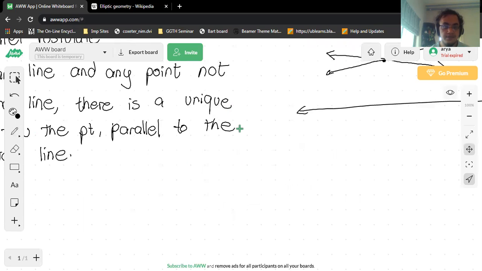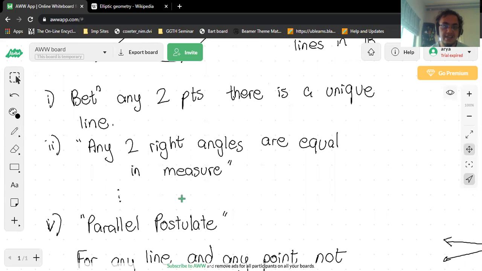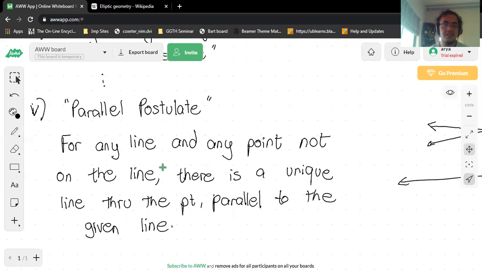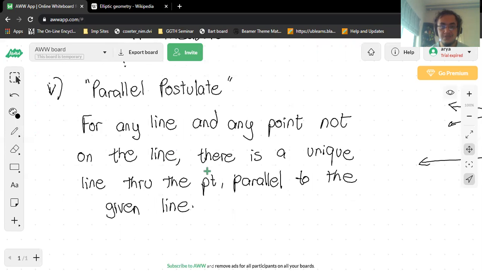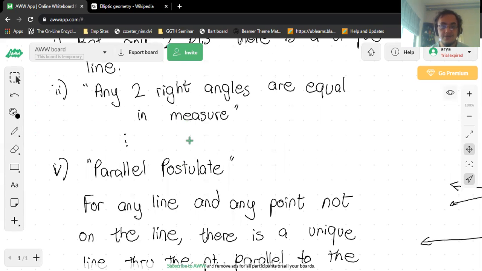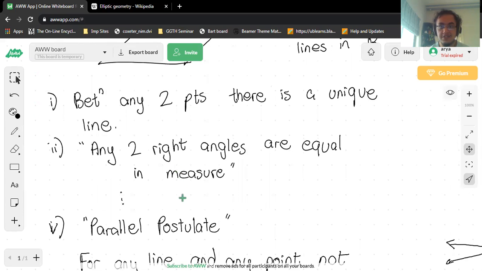Okay, so this statement seemed weirder than any of the previous statements. The previous statements all seemed like basic properties of a geometry that you would want to have for any geometry. It seemed very natural. This seemed sort of artificial, and for a long time, a lot of mathematicians tried to prove that this statement is not in fact an axiom, and that maybe you can prove this parallel postulate using the rest of the axioms.